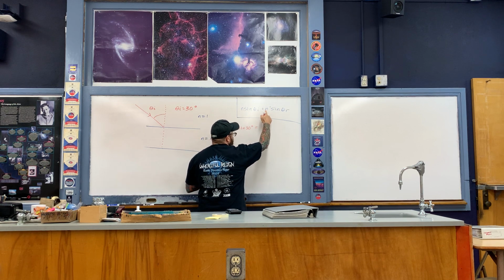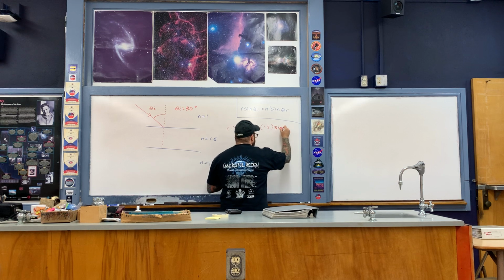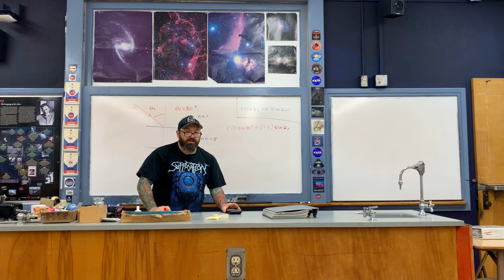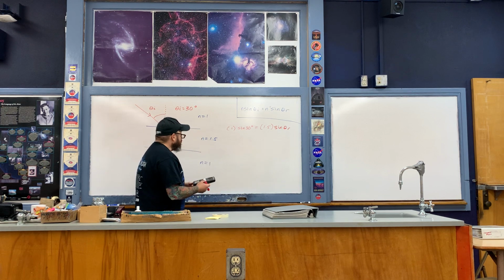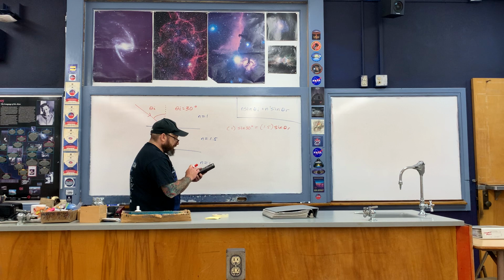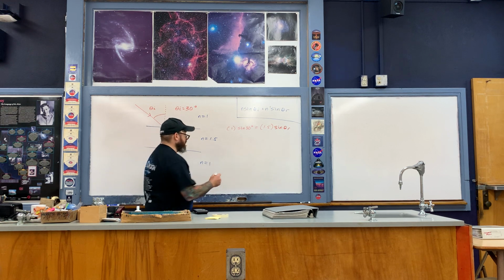This equals the index of refraction of glass, 1.5, multiplied by the sine of the refracted angle. In degree mode on our calculator, all that we do here is solve for the refracted angle. So on the left-hand side, I just have the sine of 30, which is a half, divide by 1.5, and then take the inverse sine of that. And as I do, the angle of refraction is about 19.5 degrees.